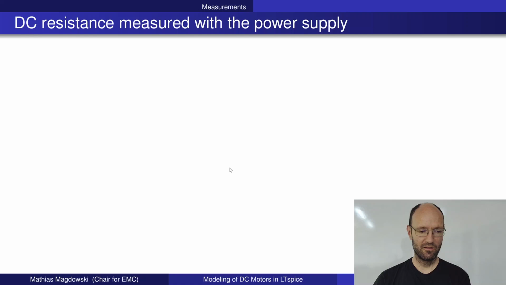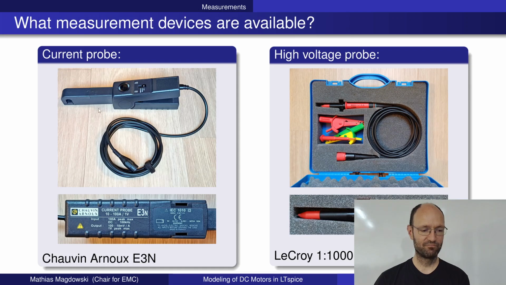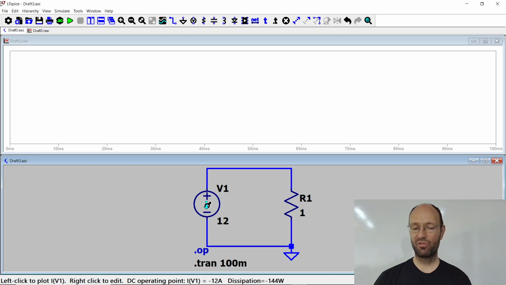So on Wednesday I was using this current probe here from Chauvin-Arnoux to measure the current. And so here now also the mouse turns into the small current probe. And now you can see that the current through the source would be measured in the direction down, and the current through the resistor would be also measured in the direction down.